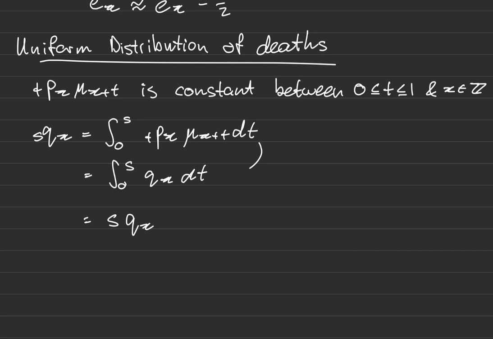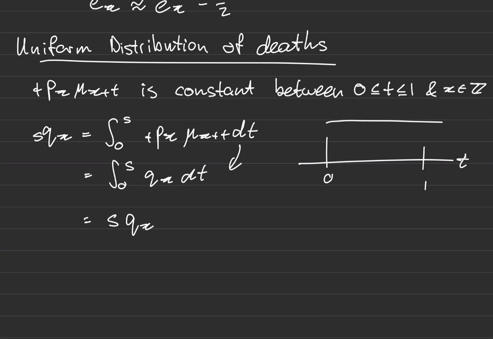Okay, so how did I get from there to there? Well, the way that I got there is, if you look at this PDF being constant between 0 and 1, it's constant. So it doesn't vary with t. So as t varies, the PDF doesn't. It's just constant here.